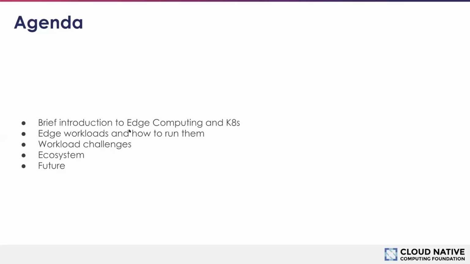Then we'll go through typical workloads that we identified that are useful when people try to run things on the edge with Kubernetes. Discuss what the challenges are when you try to use Kubernetes in this context.